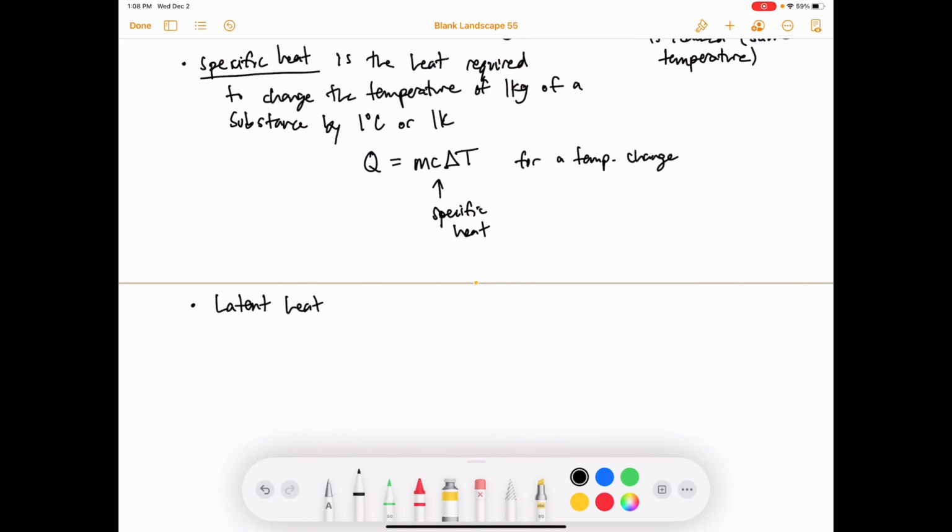So latent heat is the heat required to change the phase of 1 kilogram of a substance.